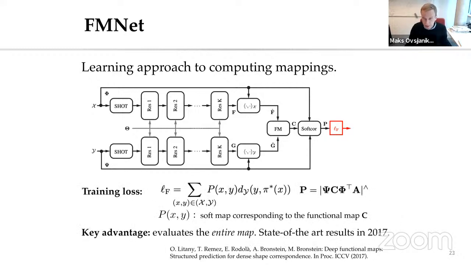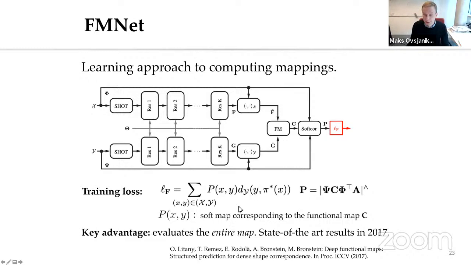The loss they use is not a cross-entropy loss, but a loss that's imposed on the soft correspondence. For the soft correspondence, you take a functional map that's small and convert it to a large matrix, like an assignment matrix that has the size of the number of points in the source by the number of points in the target. Then for every prediction between a pair of points x and y, we penalize it by the distance between the ground truth map that you should have from the point x to this point y.